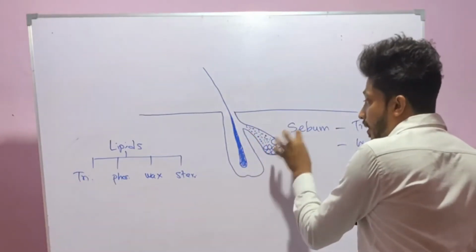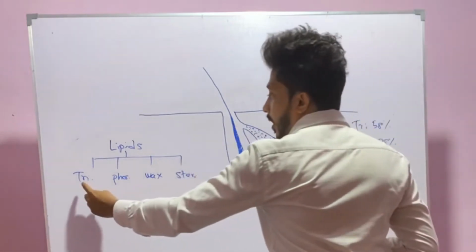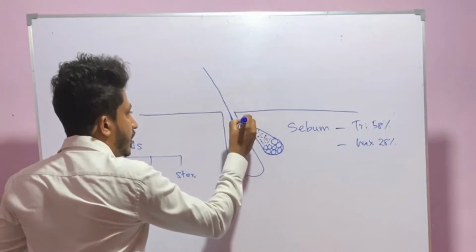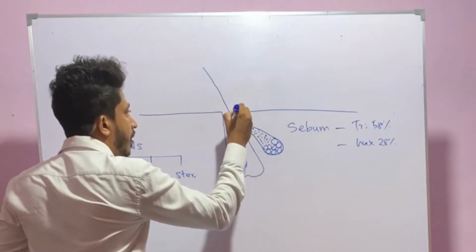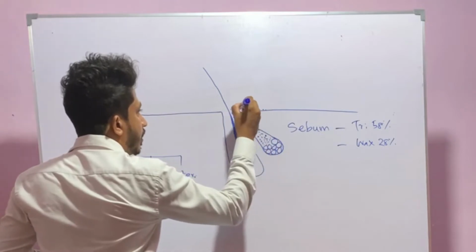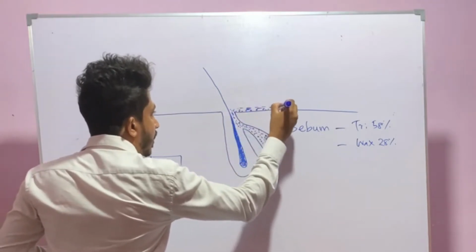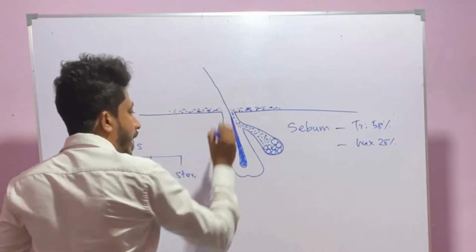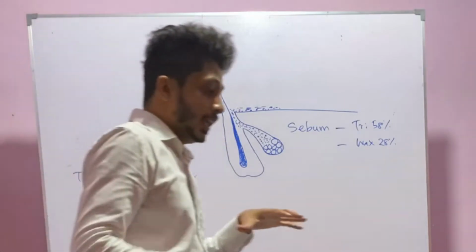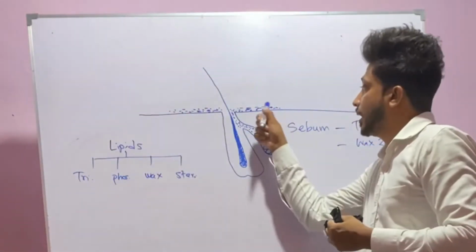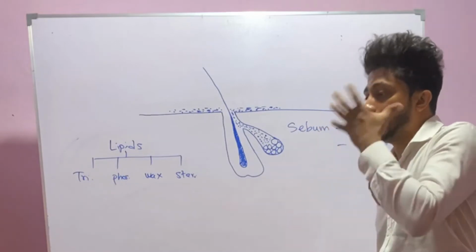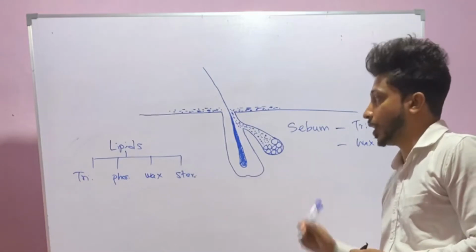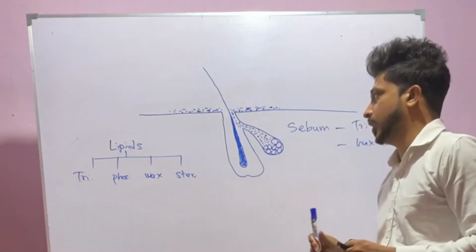So this sebaceous gland produces that sebum, which is a mix of triglyceride and wax, and it comes onto the surface through that open area, and it covers our skin. Likewise, in every place we have a follicle, it covers our skin with that oily layer. Because of that, our total body is covered with the lipid layer, although we do not know.